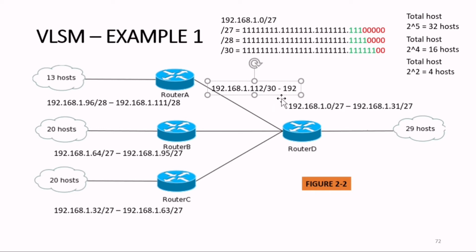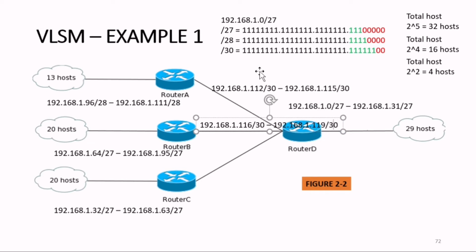So until 192.168.1. We plus 4 hosts, which is 115/30. The same goes for this connection here, 192.168.1.116/30 until 192.168.1.119/30.